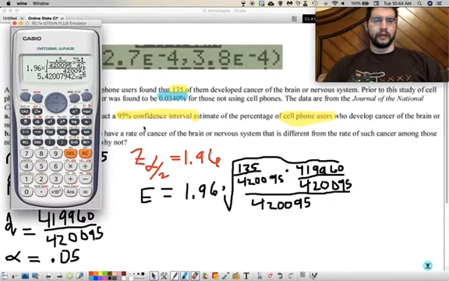But you know what I'm going to do? To save it, I'm going to store it. So the Casio and the TI can both store things. Here's the store button right here above the recall button. And I'm going to call it A. Let's see if this works.